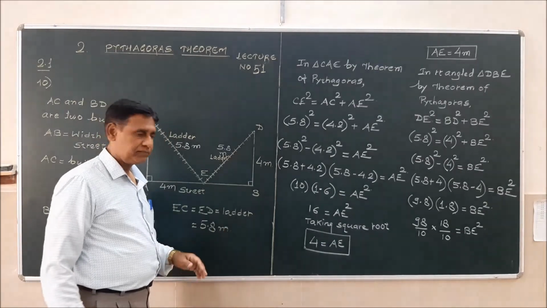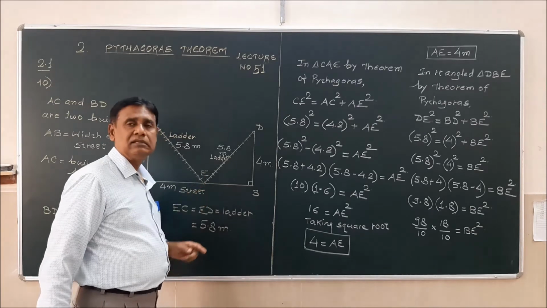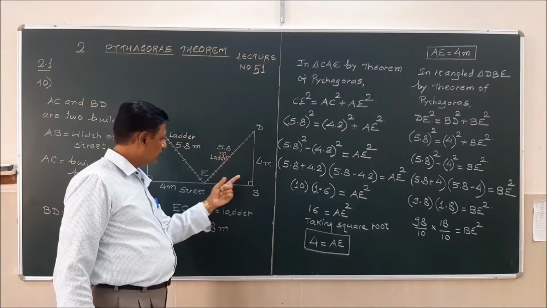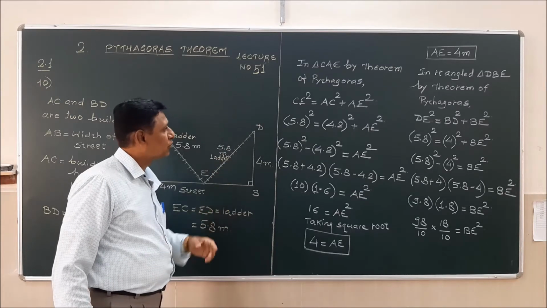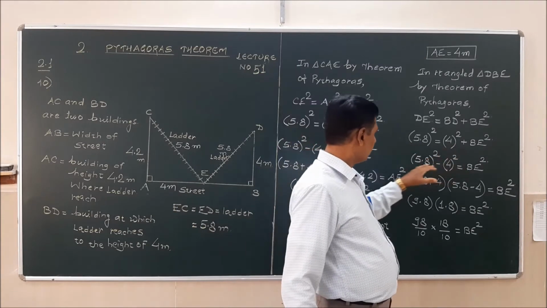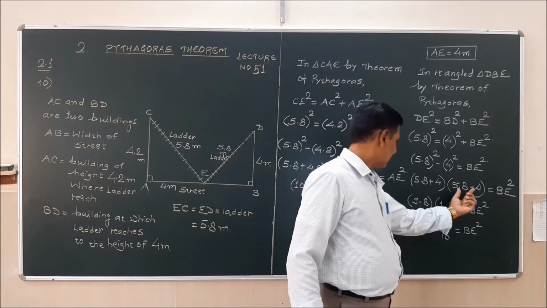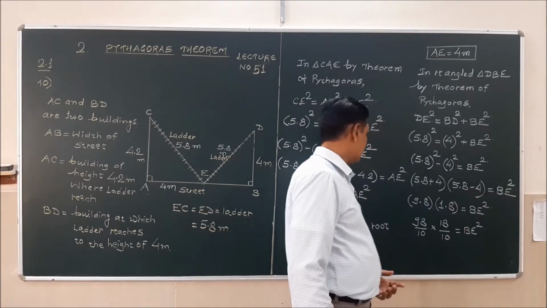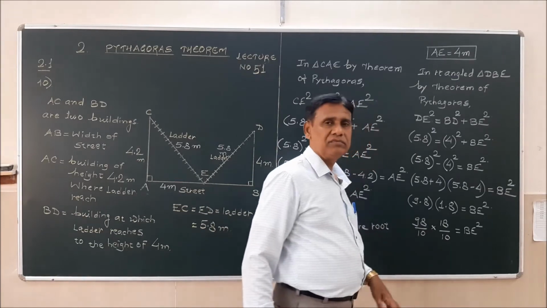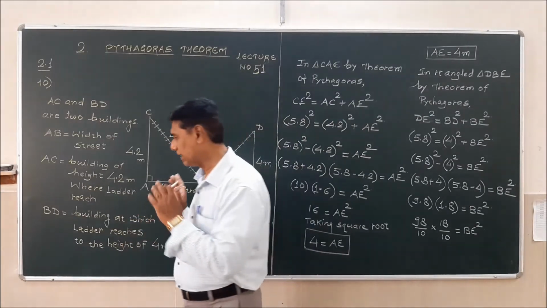For this triangle, you will find again DE is the hypotenuse. So DE square is equal to BD square plus BE square. 5.8 square minus 4 square. 5.8 plus 4, that is 9.8. 5.8 minus 4, that is 1.8. Now I have written here 98 upon 10, 18 upon 10. I am going to find out now the root of this. So please look at this sum carefully.